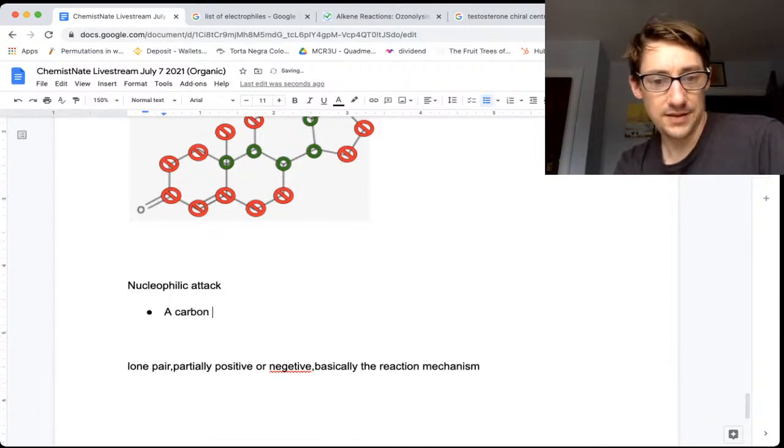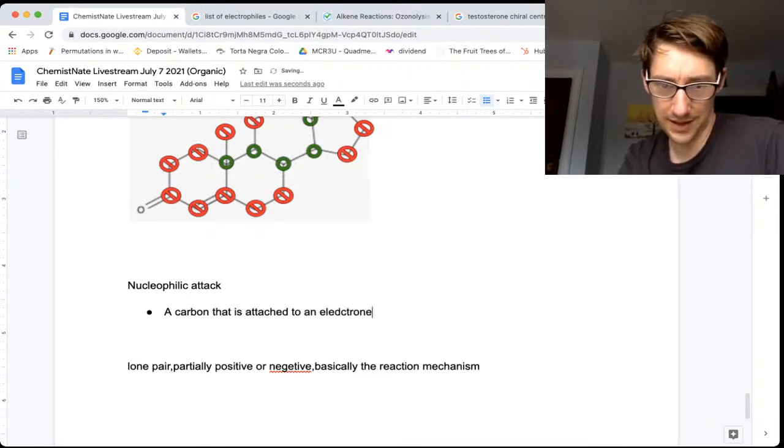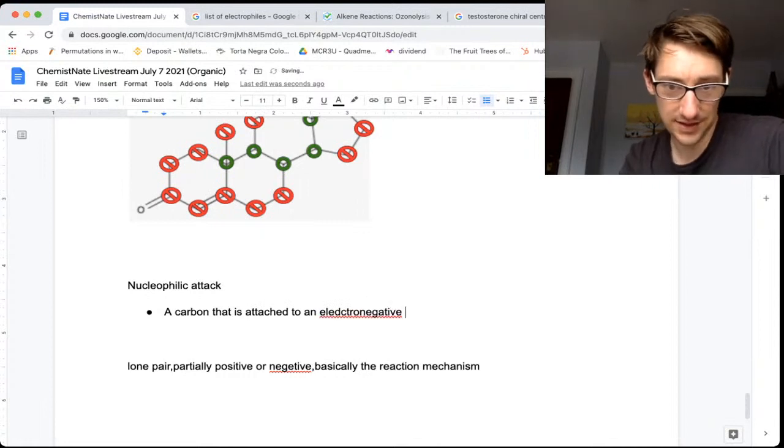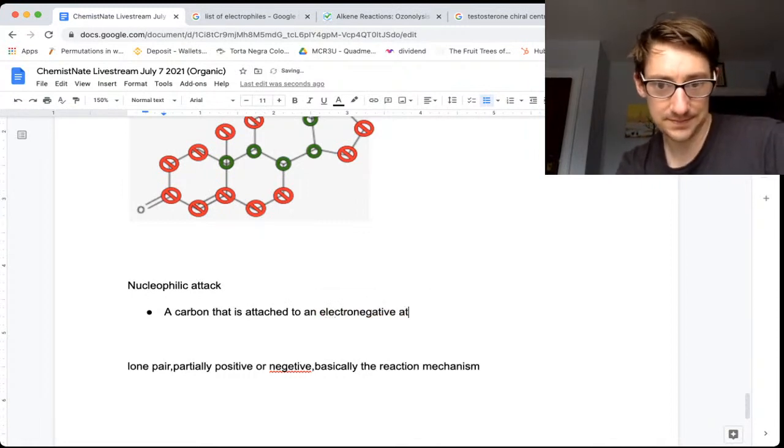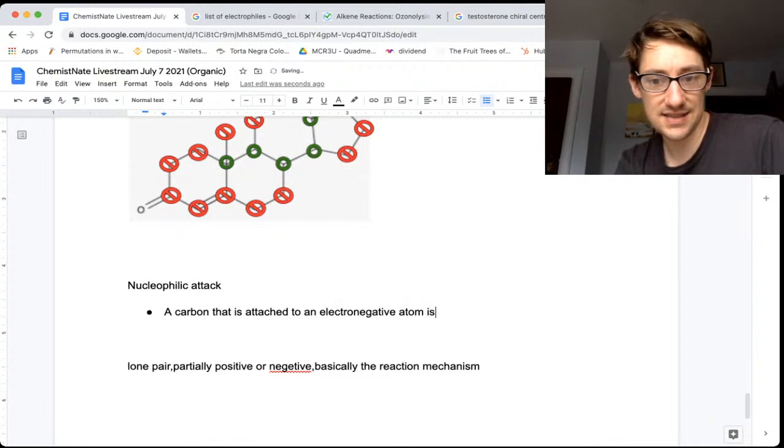A carbon that is attached to an electronegative atom is slightly positively charged.